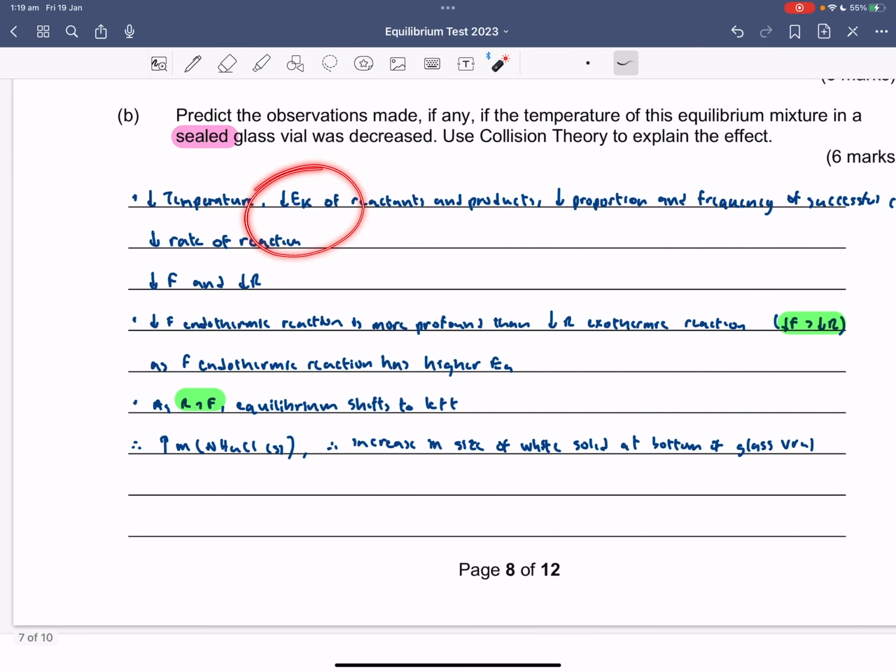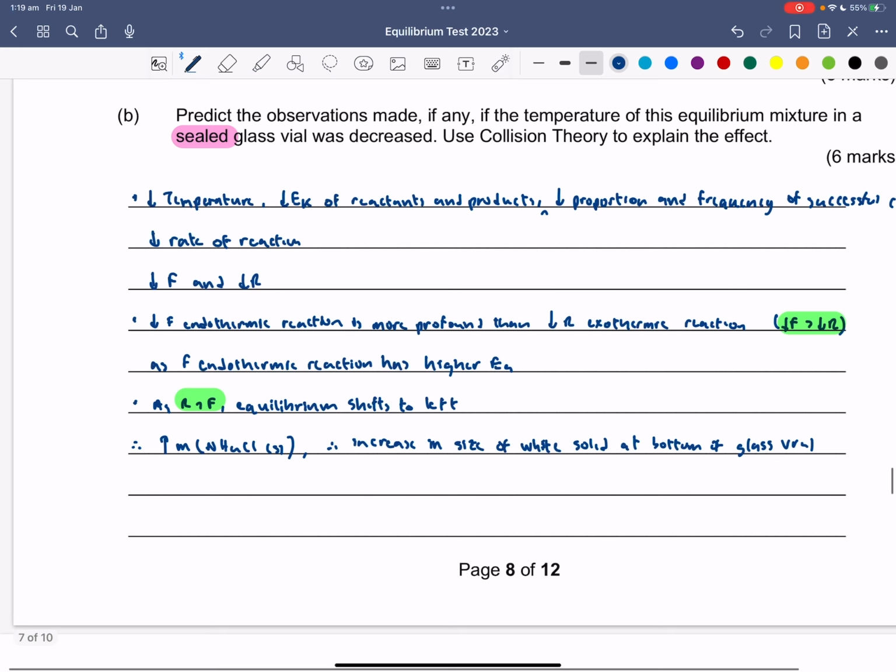So I explained why temperature causes a decrease in reaction rate. I specifically discussed both the fact that it affects the proportion of successful collisions and the frequency of successful collisions. If your teacher is really picky, then at this point you should write that this causes a decrease in the proportion of particles with a kinetic energy greater than or equal to the activation energy, and it causes a decrease in the velocity of the particles.